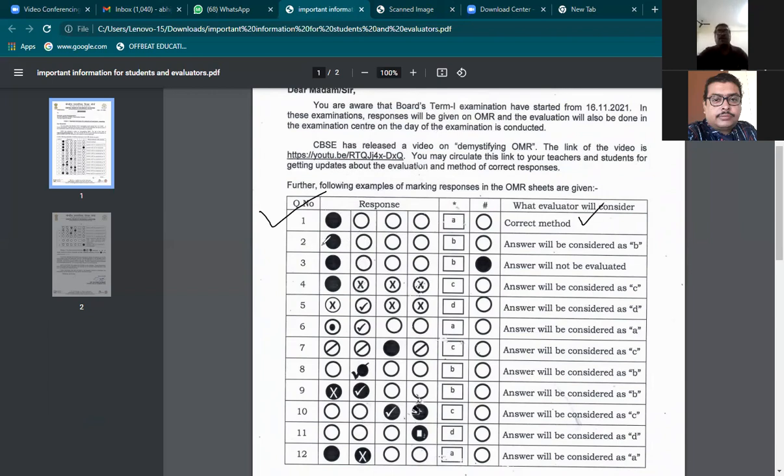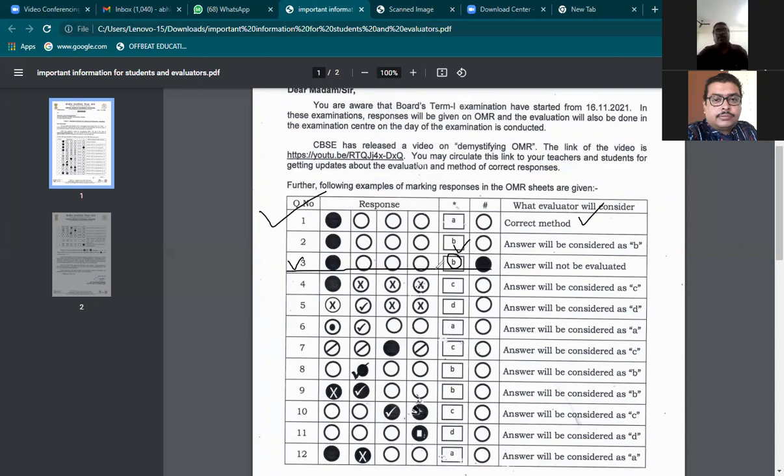You can see in question number 2, you have darkened A, but you have written B. So we should consider B as the correct answer. Question number 3 is very important. You have darkened option A, written B in the specified box, and also darkened this circle.